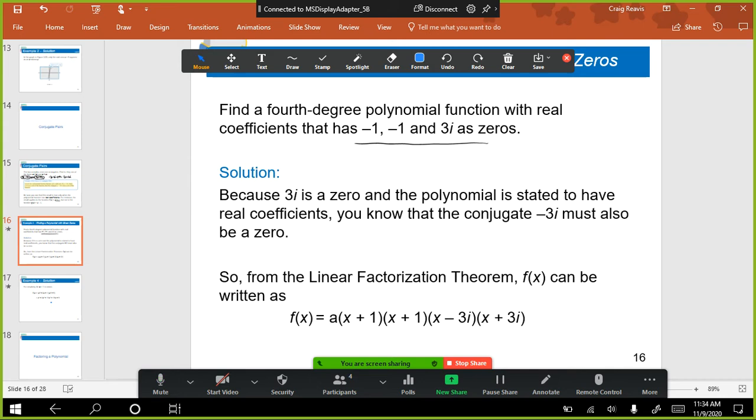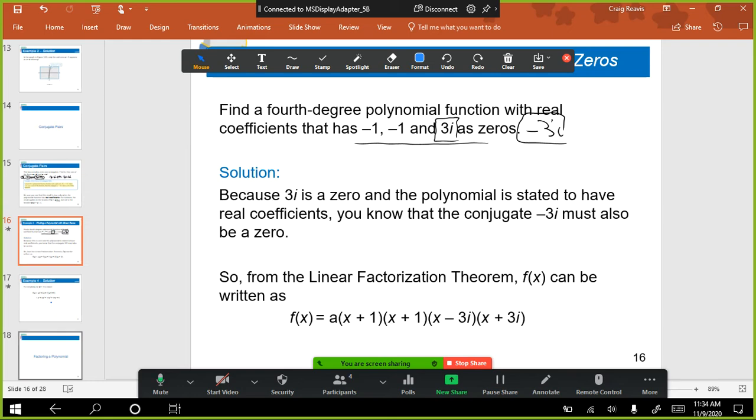All right. Now it says a fourth degree polynomial, and they're only giving us 3 zeros. What is the missing zero there that we know has to be there? -1, -1. Here is an imaginary zero, which means if it has an imaginary zero, its conjugate also has to be a zero, which means -3i is also a zero of this.